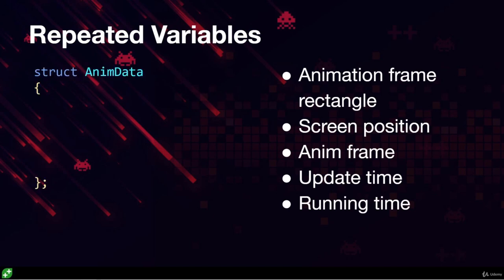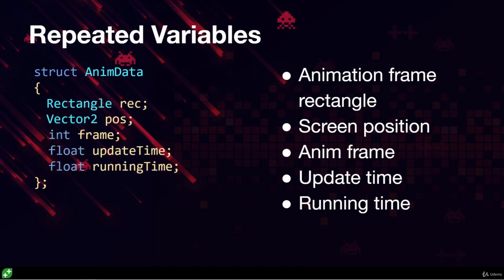Well, we can create a struct that has variables inside of it that can store all of this information for Scarfy as well as the nebulas. This struct can hold variables inside of it for each of these properties. Whenever we give a struct its own variables, we refer to those variables as members or member variables.